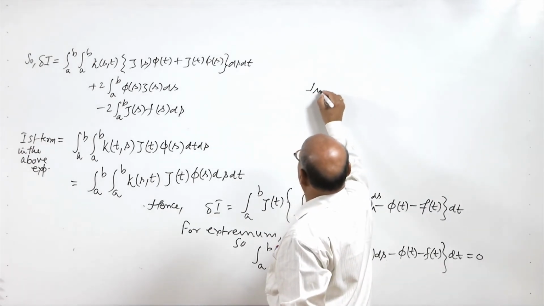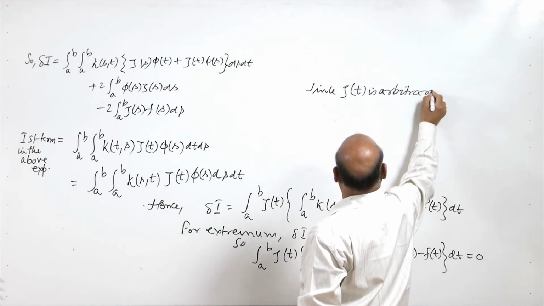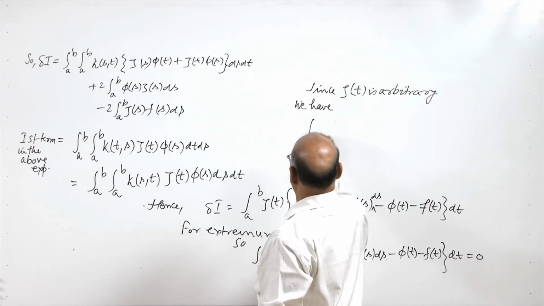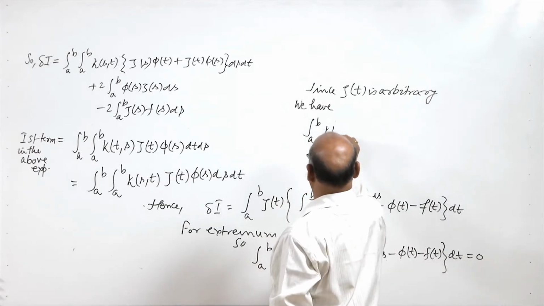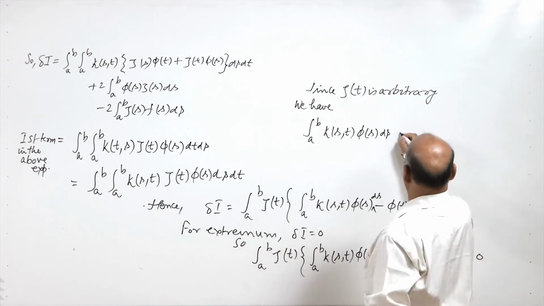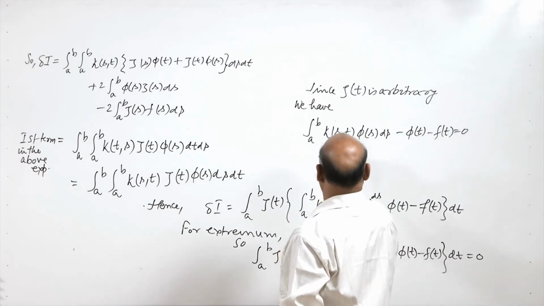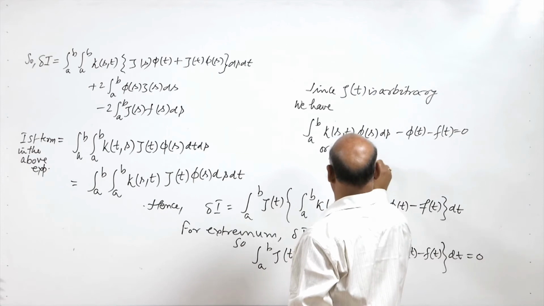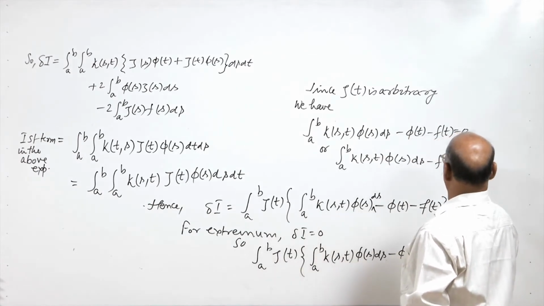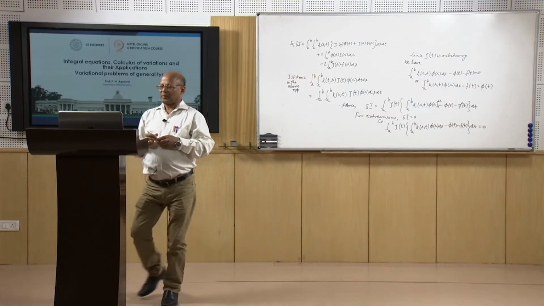Since delta zeta(t) is arbitrary, we have the condition that integral a to b k(s,t) into phi(s) ds minus phi(t) minus f(t) equal to 0, or integral a to b k(s,t) into phi(s) ds minus f(t) is equal to phi(t), which is a Fredholm integral equation of the second kind.